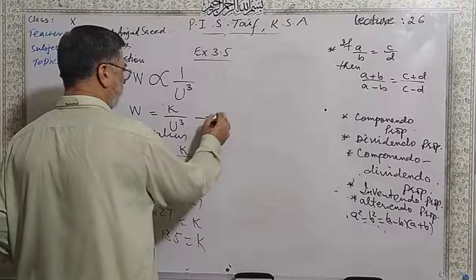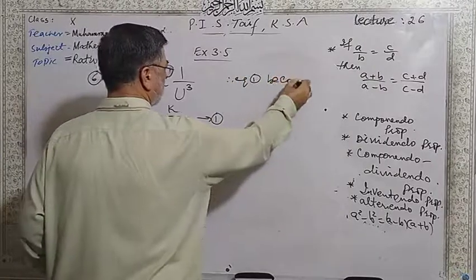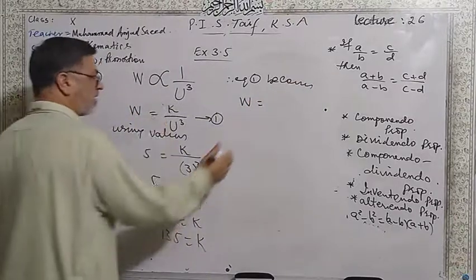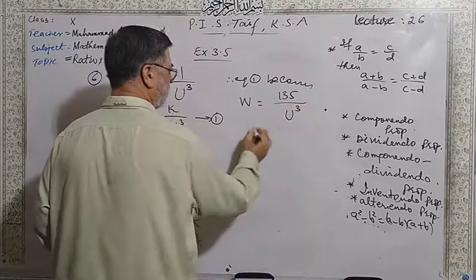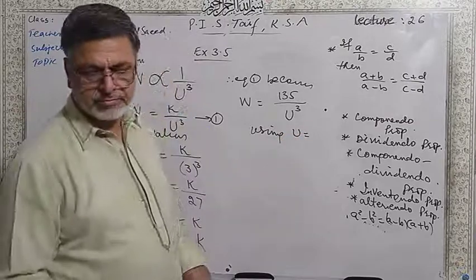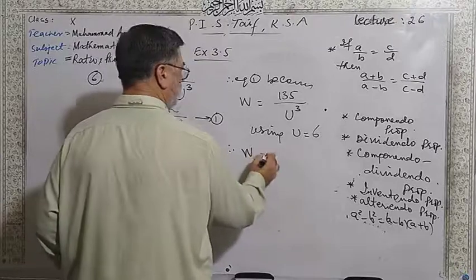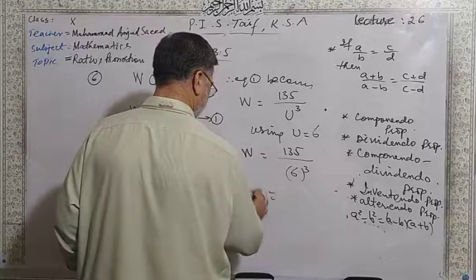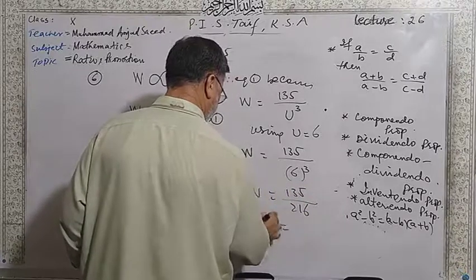So your equation 1 becomes W is equal to, instead of K, you can apply this value, 135 over U cube, using U is equal to 6. Therefore, W is equal to 135 over 6 cube. 6 cube means 216.